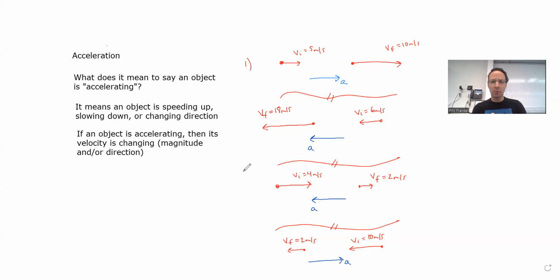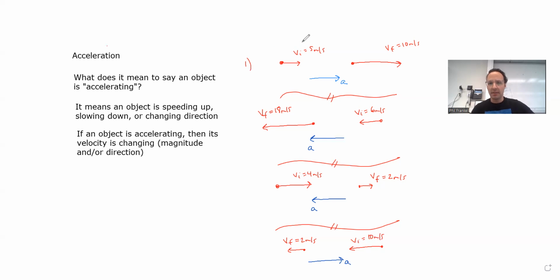However, as we'll learn in the future, forces, pushes and pulls, cause accelerations that point in the same direction as those pushes and pulls, those forces. So loosely speaking, we can imagine that the direction in which an object is accelerating is the direction in which it's being pushed or pulled.